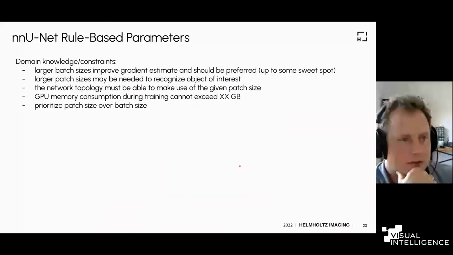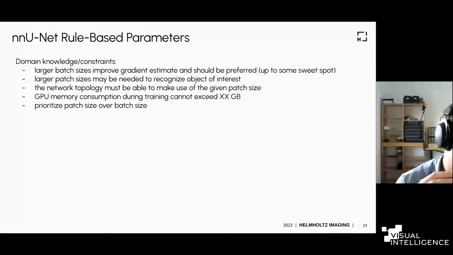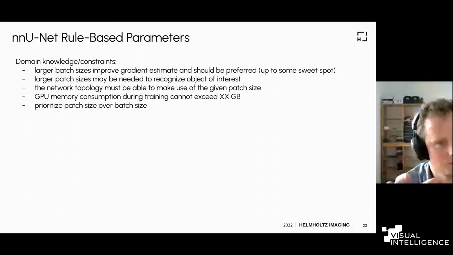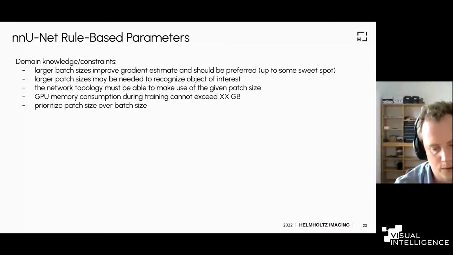So for this network topology, batch size, patch size thing, the domain knowledge, or the external constraints that we have to consider are, for example, that we know that optimization, like stochastic gradient descent optimization, works better with larger batch sizes up to some sweet spot, because you get more accurate gradient estimates for what your optimal solution is. We at the same time also know that, especially for 3D images where patch sizes can be constrained, larger patch sizes typically perform a little bit better because they allow capturing more contextual information, which may be interesting or may be needed for some data sets.